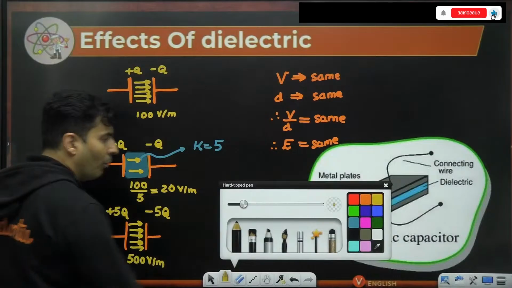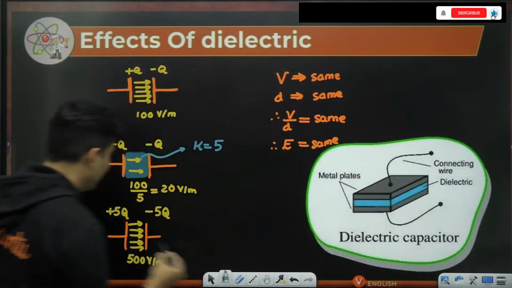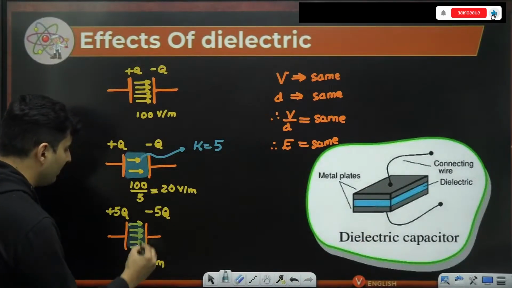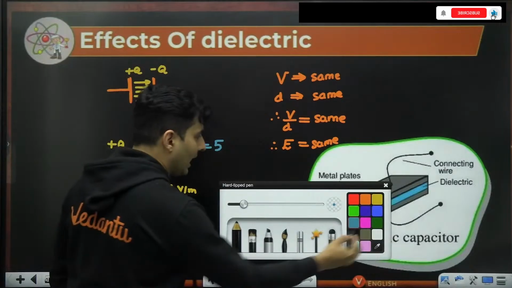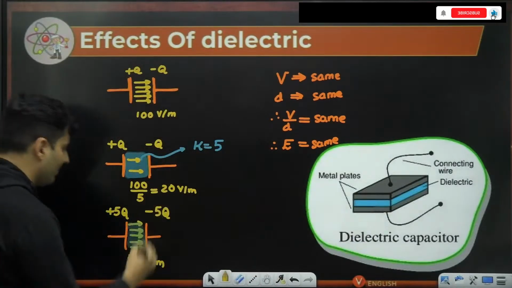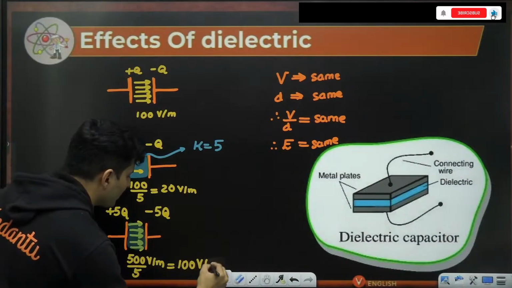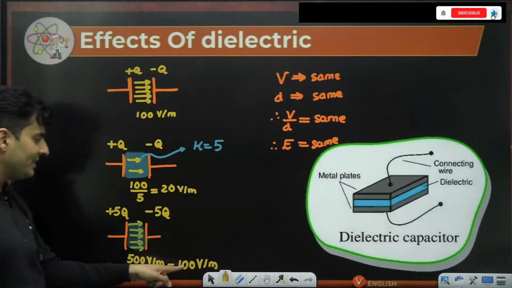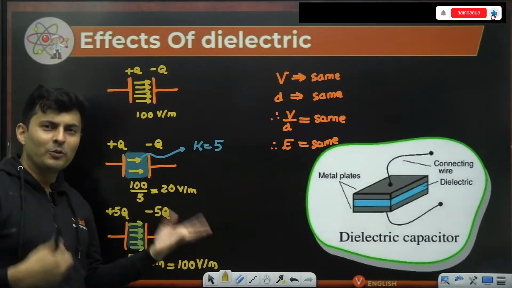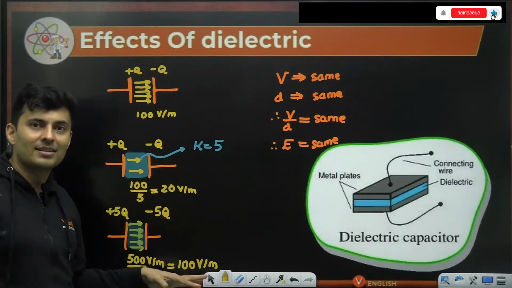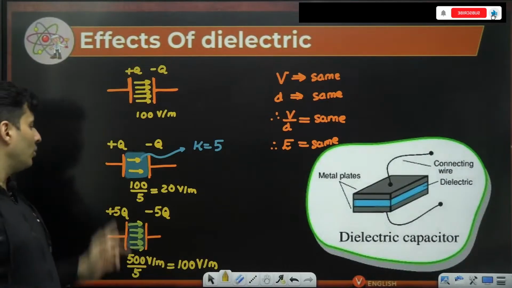But the moment I add that dielectric medium, what will happen? It has to reduce by K times, K over here is 5. So now it will become 100 volts per meter. So the field has not changed. That's what you feel. But actually it has decreased because more charge is now stored.